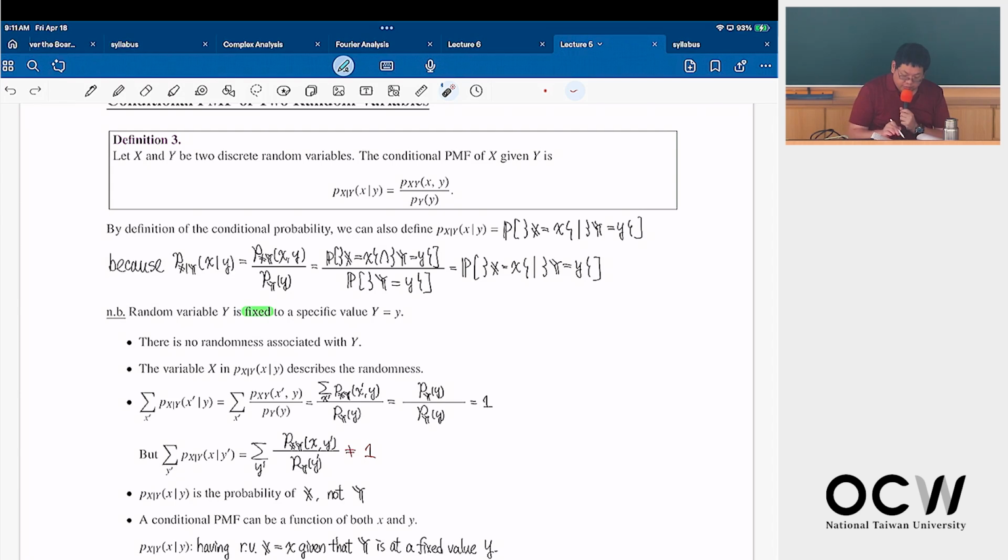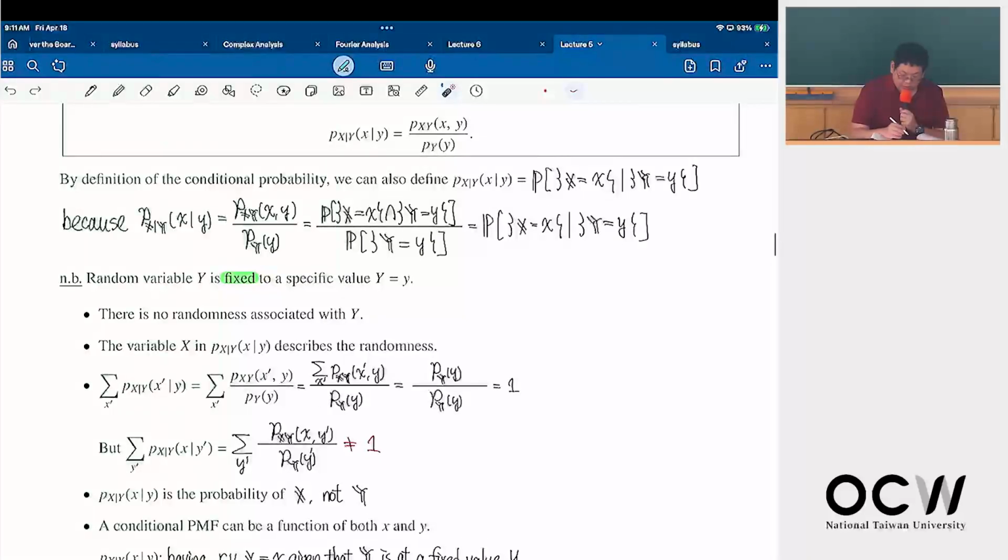Therefore, when we take the marginal PMF with respect to x, well, we sum all x out, then we can get 1. But if you do the y, it is not 1, okay? Because y is just fixed. It is a specific value.